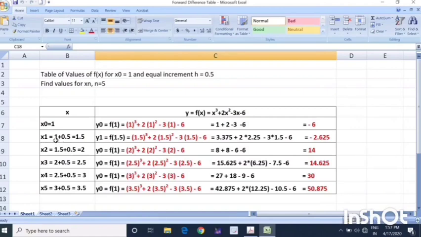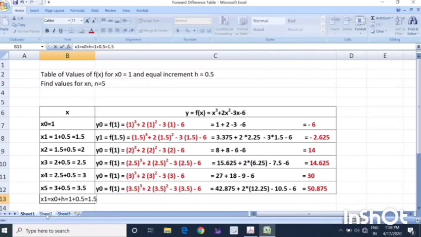So here x1 equals x0 plus h, which is 1 plus 0.5, equal to 1.5.